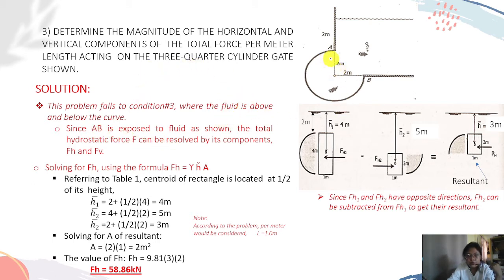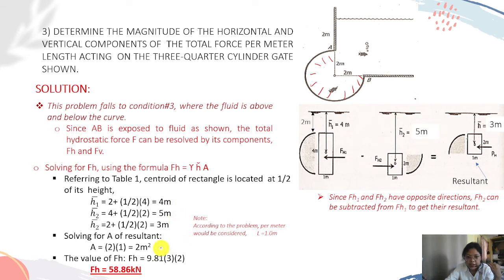So, ayan. Anyway, yung fluid naman niya is acting on this one. So, kaya tayo kumuha ng dalawang composite figures. We have the semicircle plus the quarter circle to get the final resultant force.